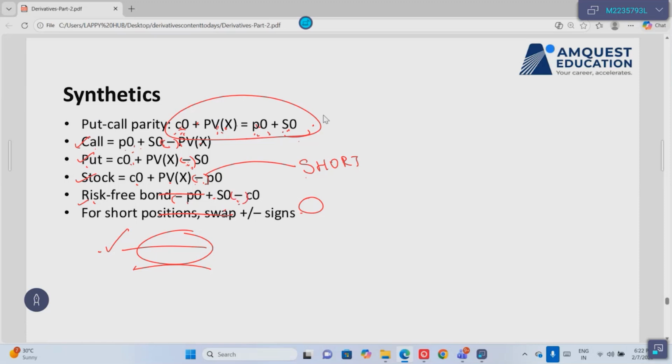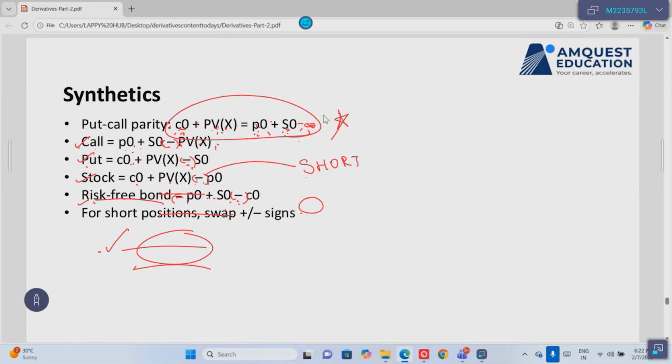And they may tell you in the exam, using this formula, to find the answer for PVX. You say fine, PVX. Take the others to the other side. PVX is P0 plus S0 minus C0, which is long put, long stock, short call. Understand? Long put, long stock, and short call.